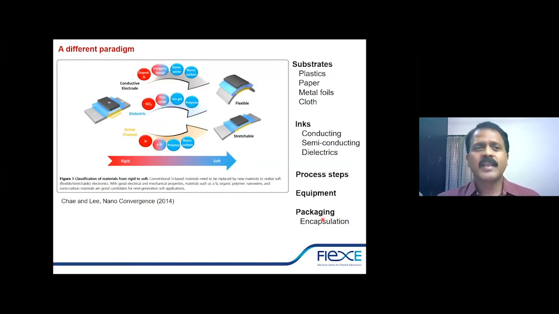So the manufacturing of flexible printable electronics is different from that of conventional electronics. But at the same time, when we look at the different materials, there is a large scope for lowering the cost of the materials because of the very nature of the processes involved, and we'll talk a little bit about that in the subsequent slides.